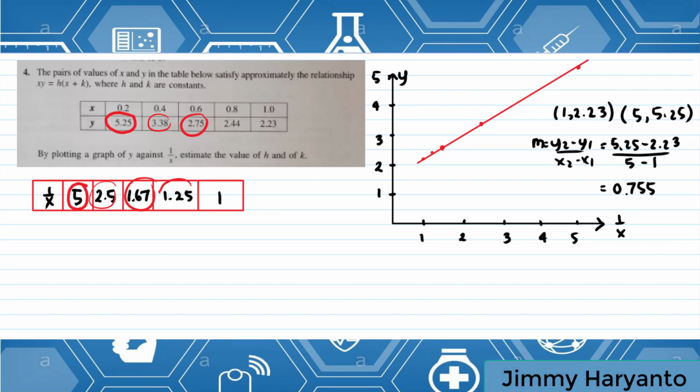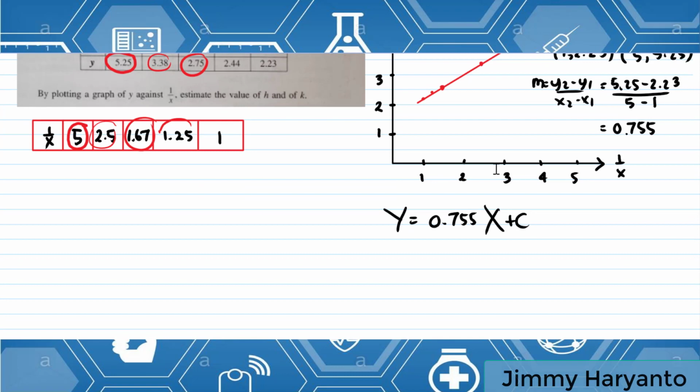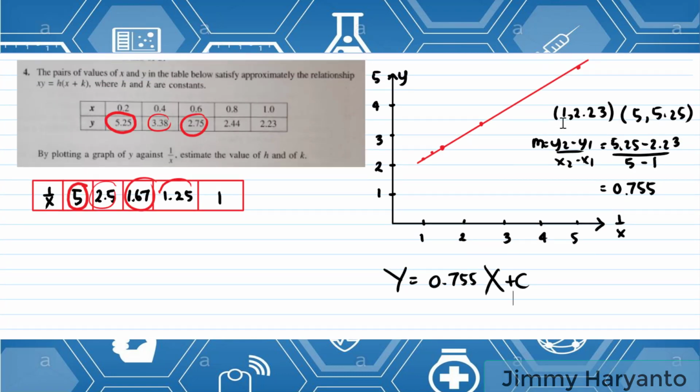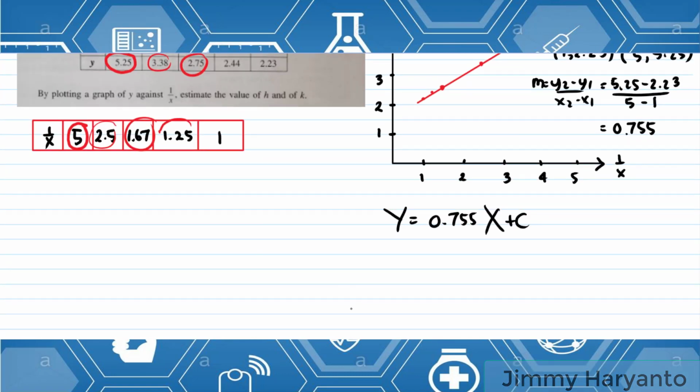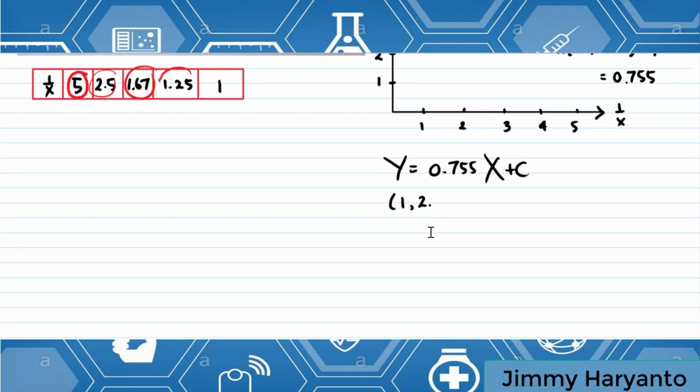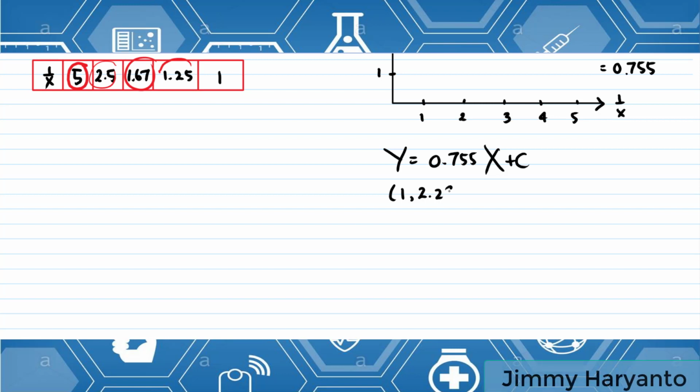And then we'll have to find the c. Big Y equals 0.755x plus c. To get c, I will use the first point, which is 1, 2.23. So let's put this into the equation: 2.23 equals 0.755 times 1 plus c.